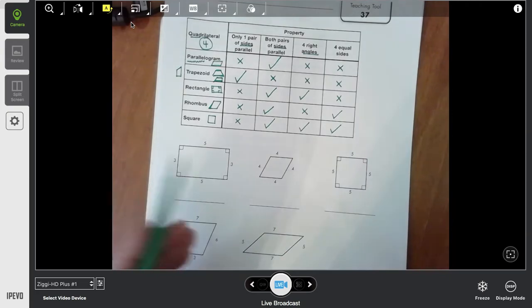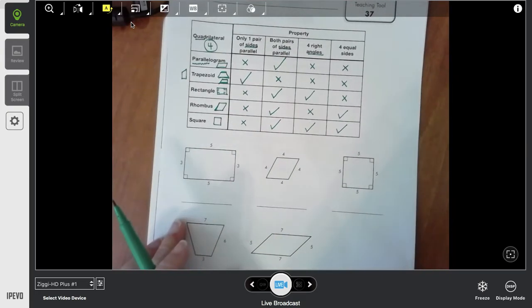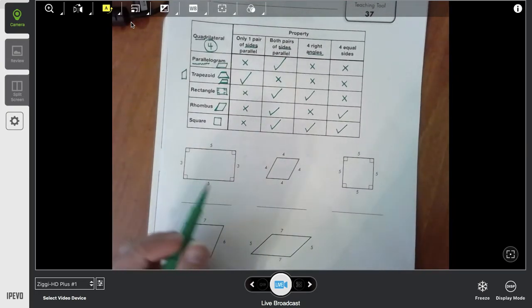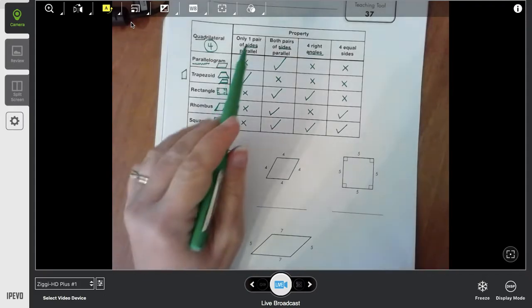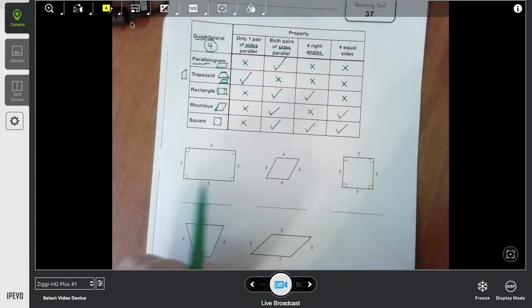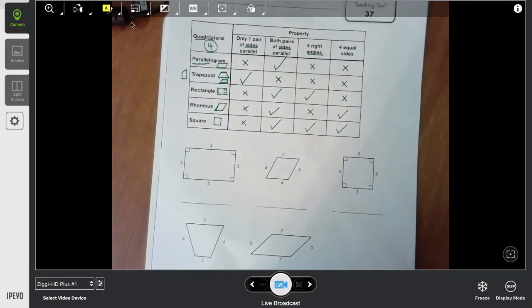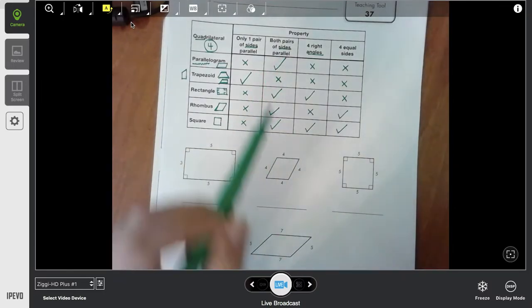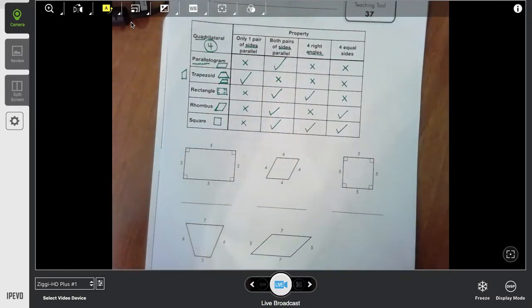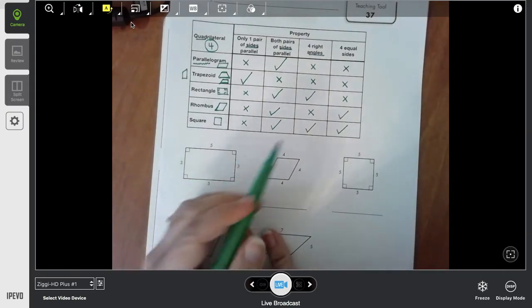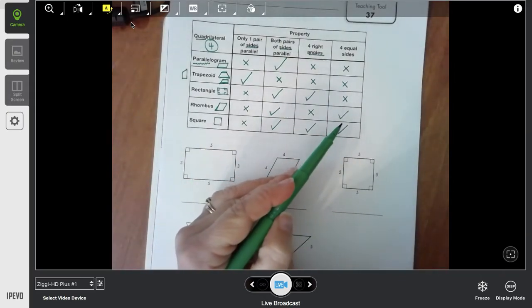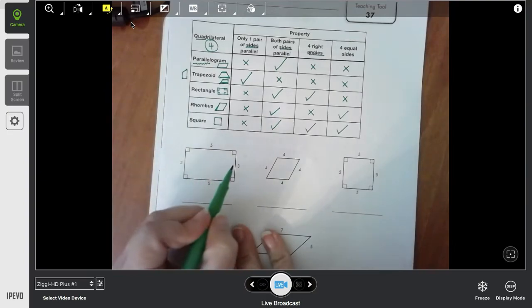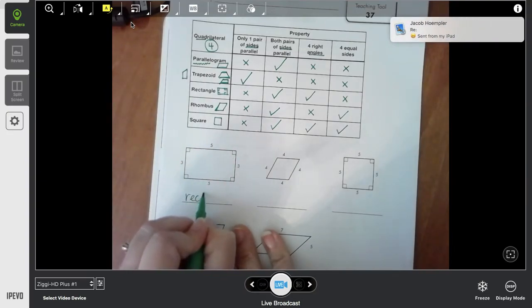All right, so let's name these by the most specific name. Does it have one pair of parallel sides? Nope, it has two, so it can't be a trapezoid. With both pairs parallel, it could be a parallelogram, rectangle, rhombus, or square. Since not all four sides are equal, it's not a rhombus or a square, but opposite sides are equal and there are four right angles, so this is a rectangle.